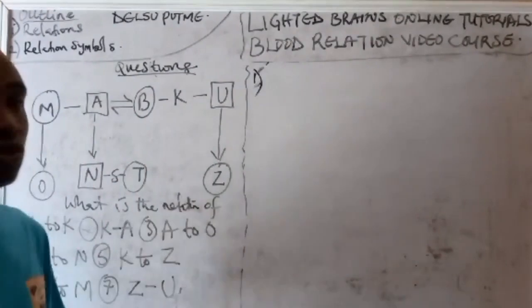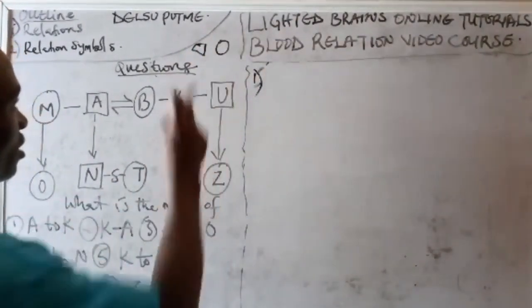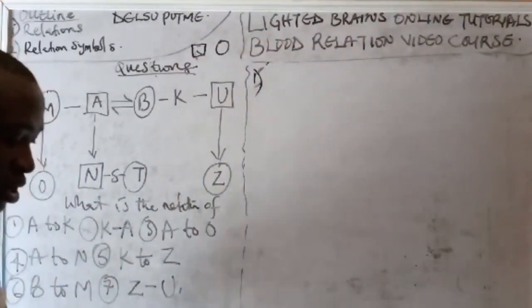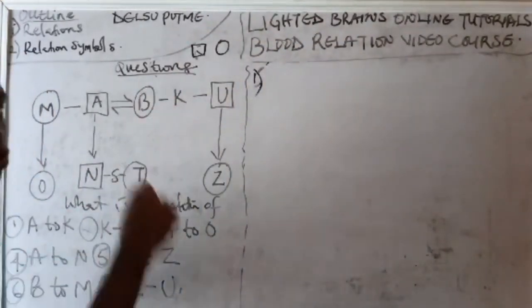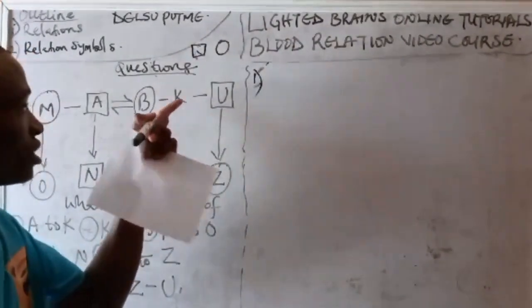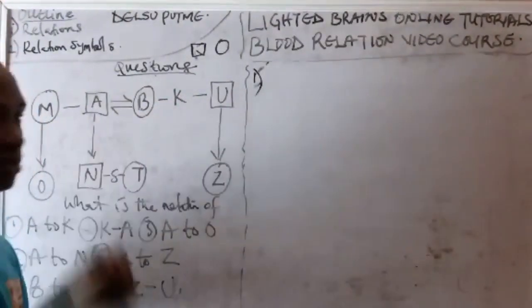Now, what you can use to represent gender is either this or this. But since the gender is unknown, we can say that K is either sister to B or brother to B.